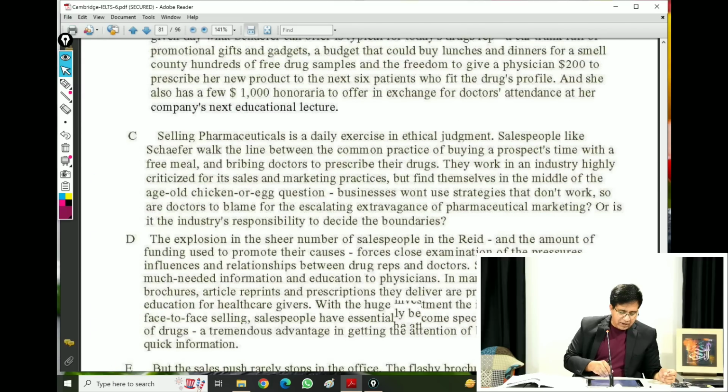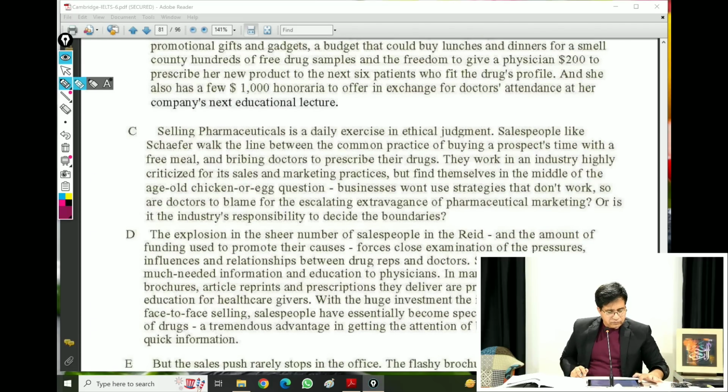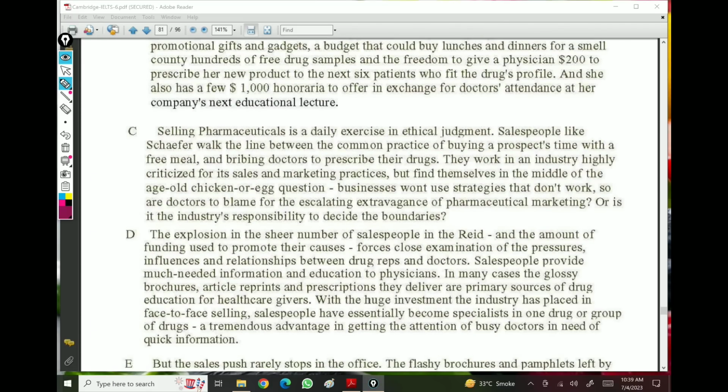Well done. Paragraph C. Okay. Paragraph C, and they have this third line. They work in an industry highly criticized for its sales and marketing practices. Now, they means that guy, Kim Sheffer.